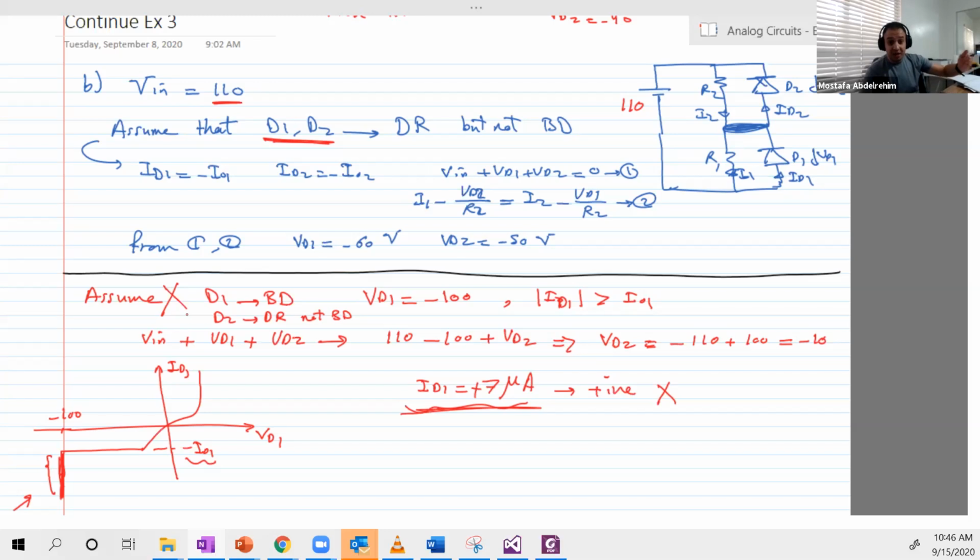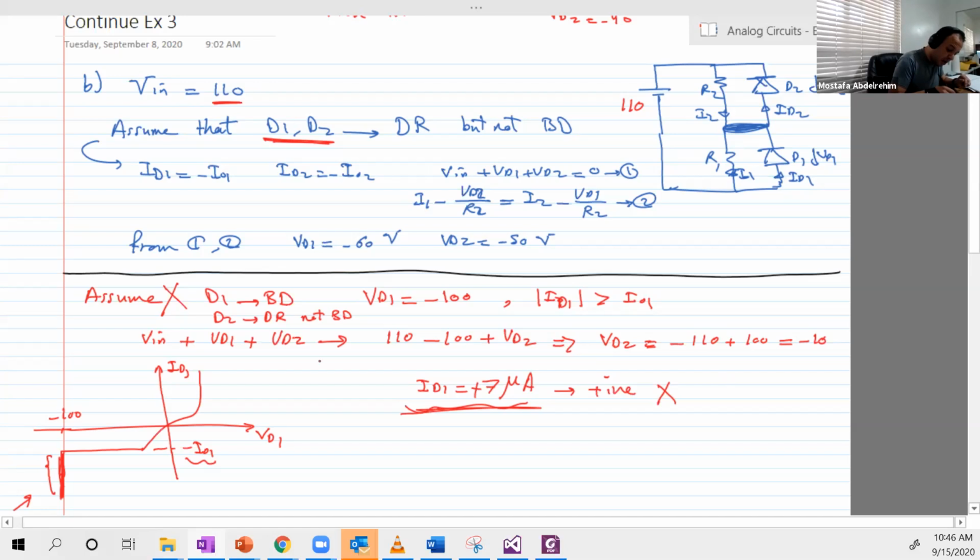But then when we calculated I1 and I2, you will find that I1, which by the way is equal to minus VD1 over R1, equals minus 10 microamps. I2 equals minus 1 microamp.